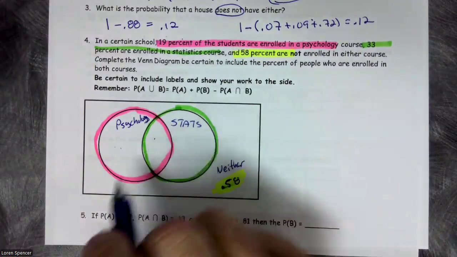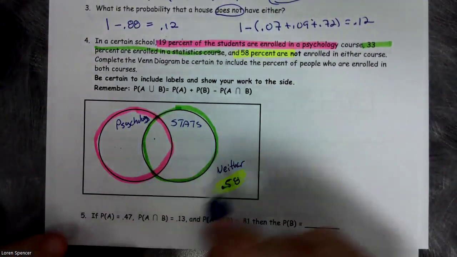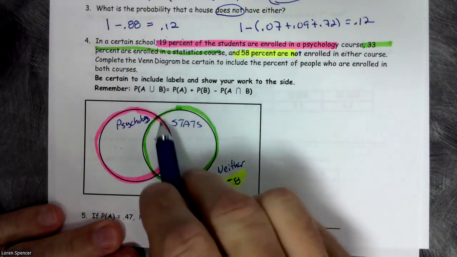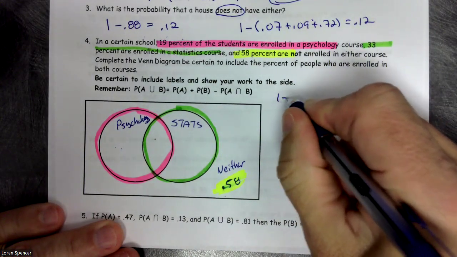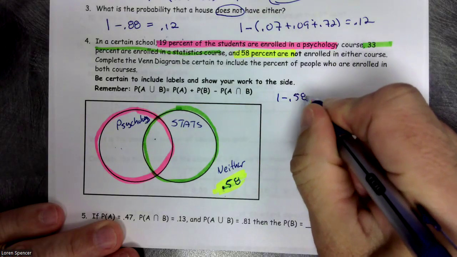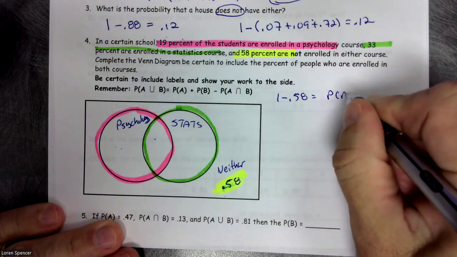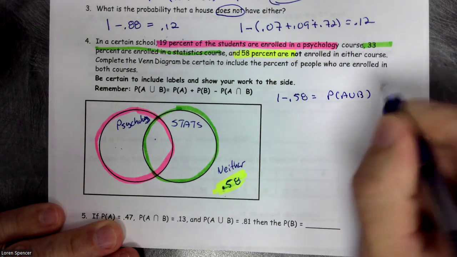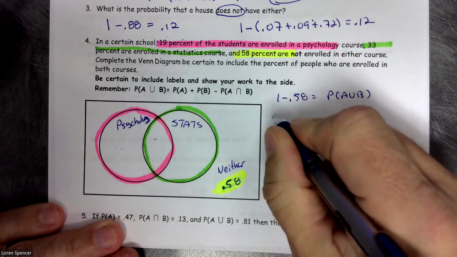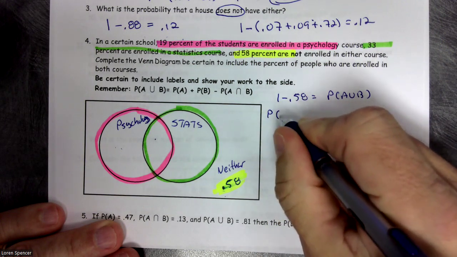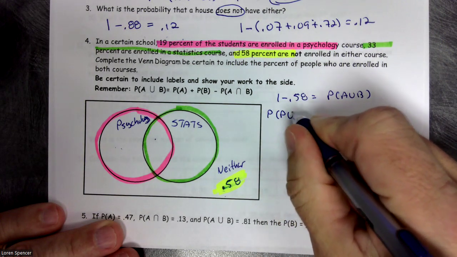It's the probability of psychology union stats equals the probability of psychology plus the probability of stats minus the probability of psych and stats.